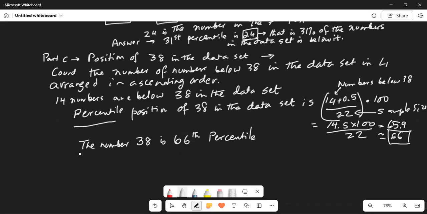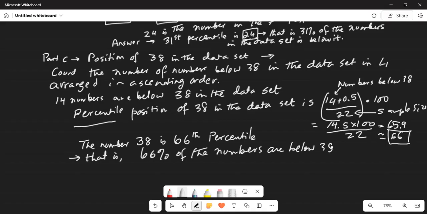It means that 66% of the numbers are below 38. So that's your answer to part C.